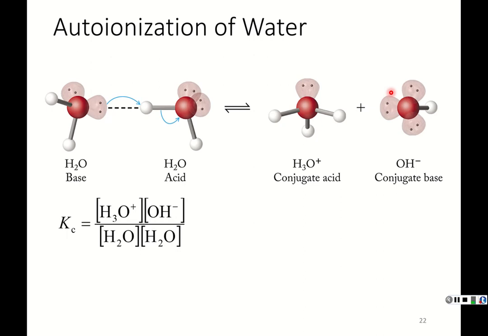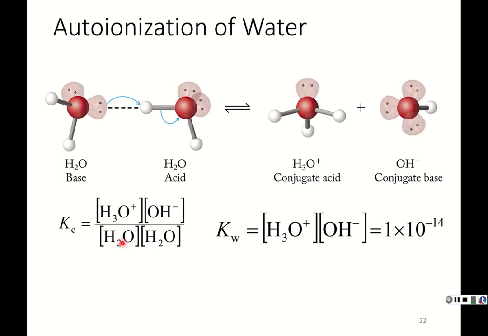Right, we can write an equilibrium expression for this, right? And when we write that, the concentration of water, again, since it's an aqueous solution, it's not really changing much. We can ignore that. And that's where we get this expression that we call Kw.